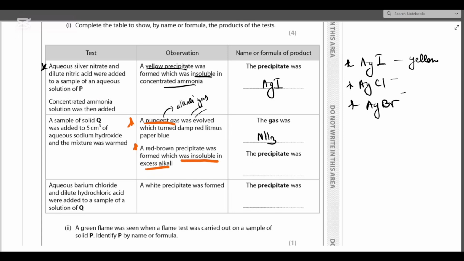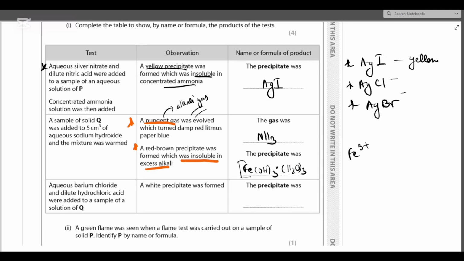On the other hand, they said a red-brown precipitate was formed which was insoluble in excess alkali. We know that the Fe3+ ions tend to produce the red-brown color. And since it's insoluble in excess alkali, we can easily say that the precipitate was nothing but Fe(OH)3.H2O.